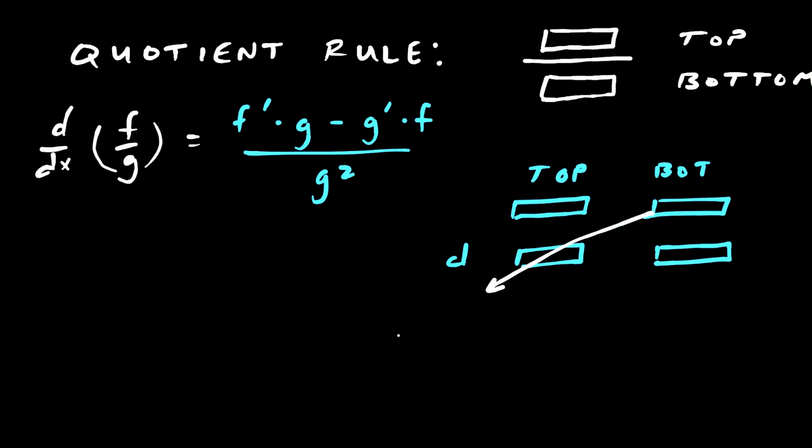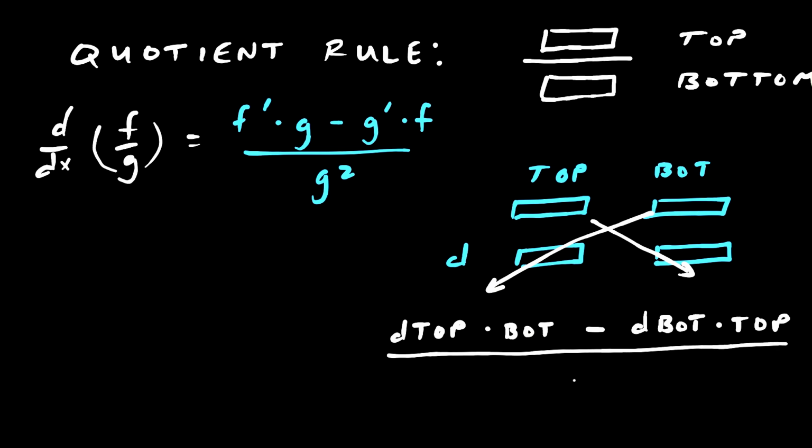So we're going to have the derivative of the top function, or the first function, times the bottom. But now, since it's the quotient rule, when I think of division, to me that relates to subtraction. So now we have minus. Then here we're going to have the derivative of the bottom times that top function. And then we do have to just remember that all of this is always over the bottom function squared.